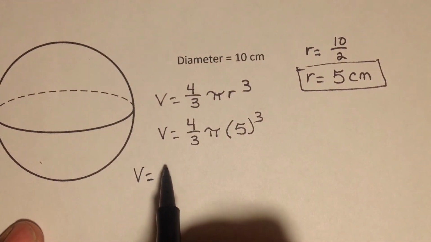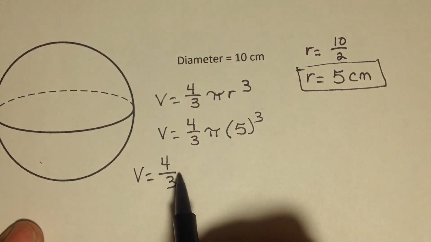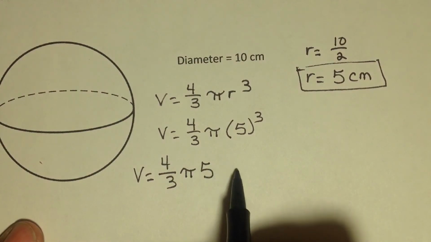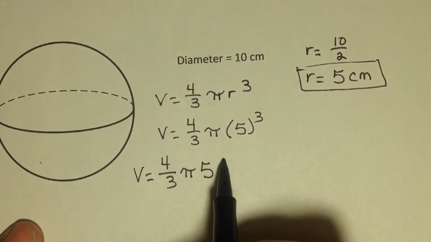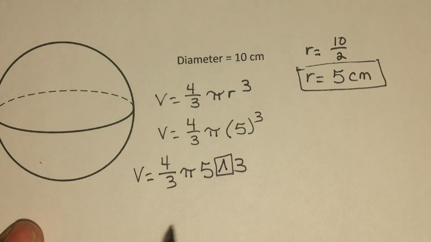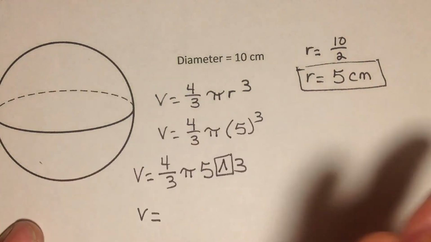So V is equal to 4 ABC 3, right? Remember that ABC button? Times pi times, on your calculator you're going to say 5, and use the little caret button like this, plug in 3, and then what you should get when you plug that all in is, best to just plug it all in so you don't have these decimals to deal with.